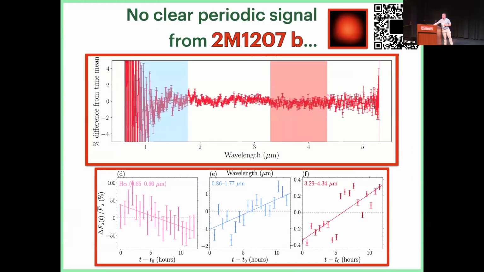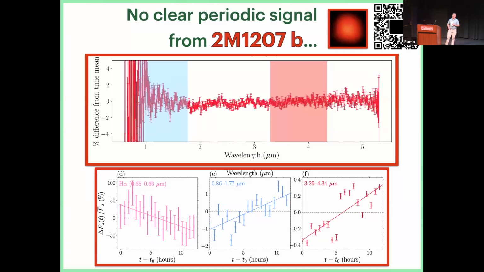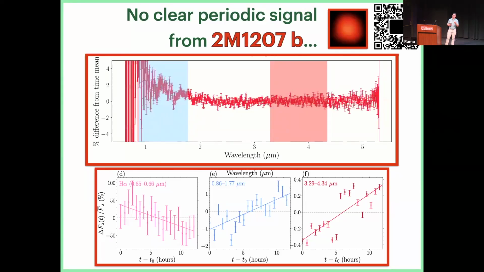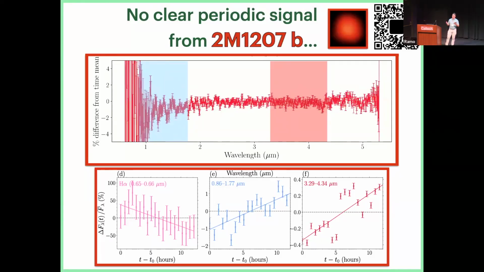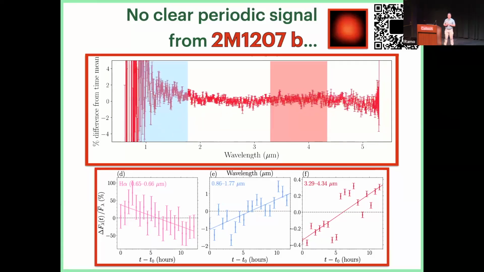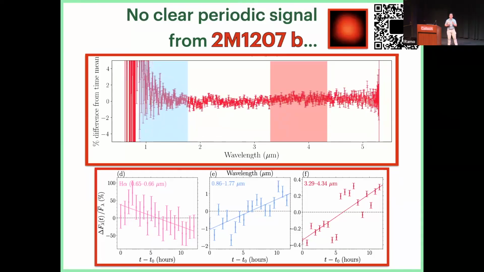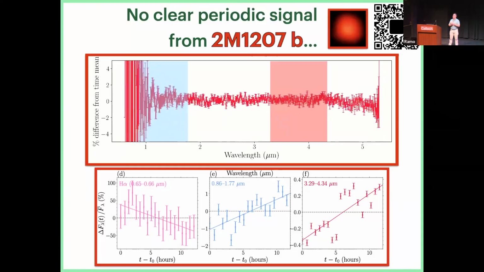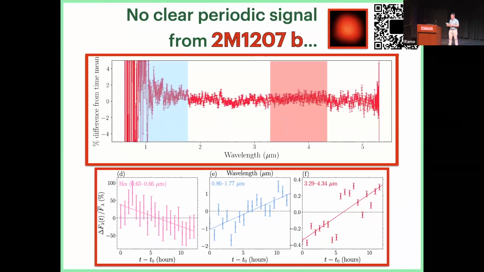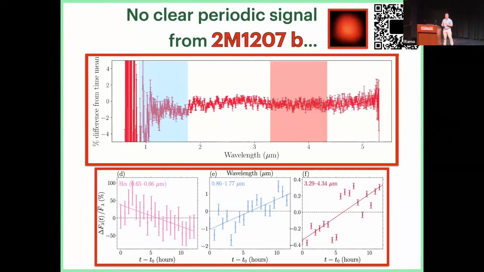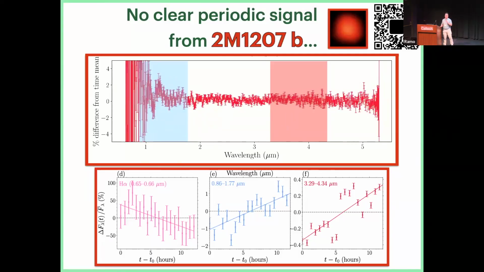But unfortunately we did not see a clear periodic signal, as we would have expected, for monitoring this companion through what we believe to be one rotation period. So unfortunately I don't have a better picture for you of what's going on with this object. It just seems like it's right at the limit of what we're sensitive to with this observing mode with JWST. In prism mode, the variability is right about that 1% on average, maybe 2%.